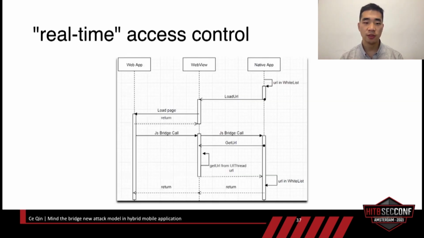So nowadays, more and more applications use real-time access control. They do not get the URL from callbacks, but use WebView.getUrl on the main thread when the JavaScript interface is invoked.